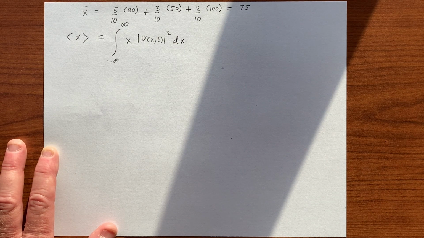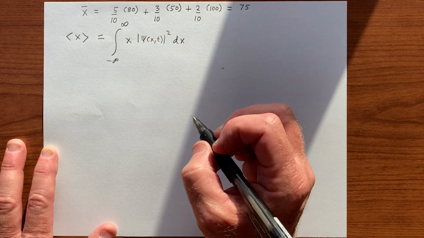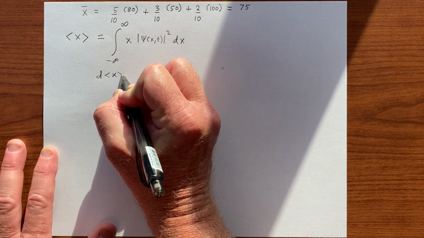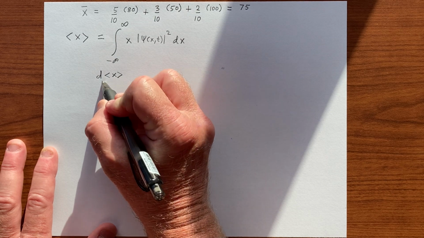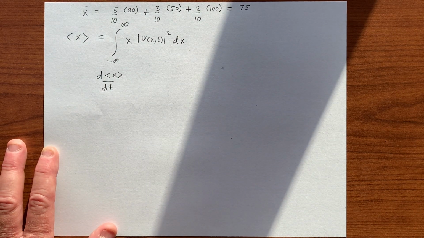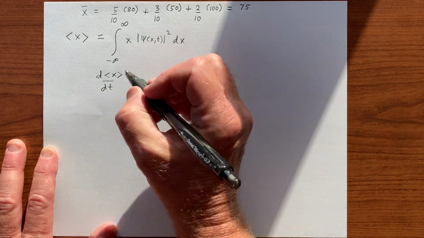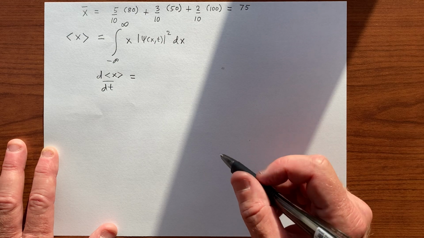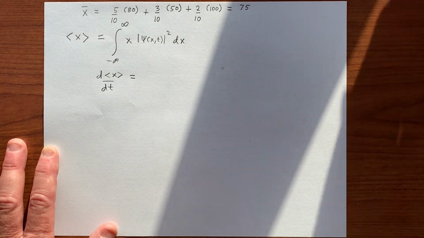So let's think about this quantity. How does the expectation value vary in time? I'm going to take the derivative in time of this quantity.